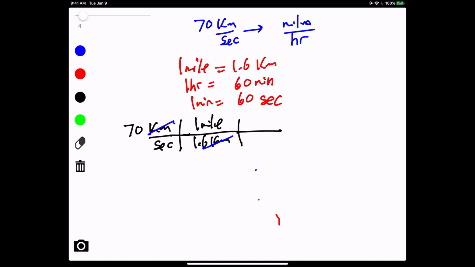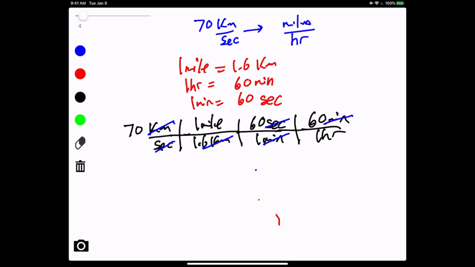So now we need to convert out our seconds into hours. So for every 60 seconds, that equals 1 minute. And again, when we do this, seconds cancel. And then we also note that every 60 minutes equals 1 hour. And again, when we do this, minutes cancel.